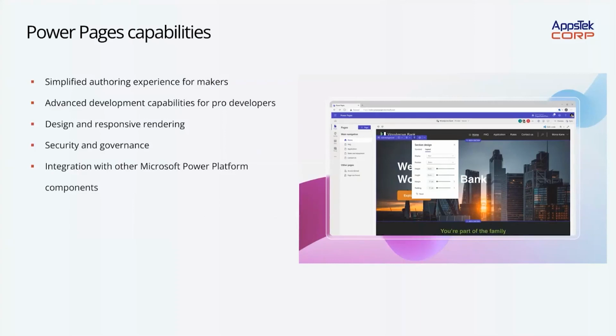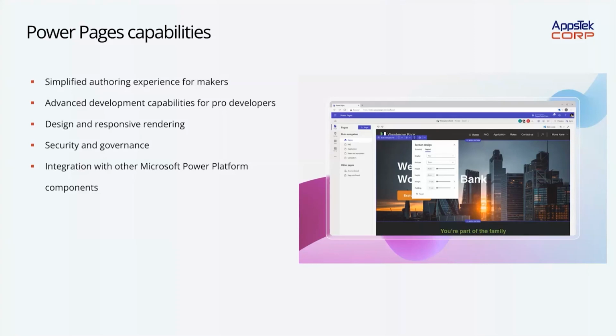And the other capability is advanced development options for professional developers. That is, the makers can work with professional developers to extend this functionality using Visual Studio Code and the Microsoft Power Platform CLI, or the command line interface, to create powerful business application websites.